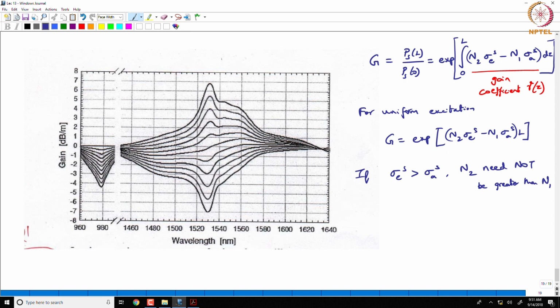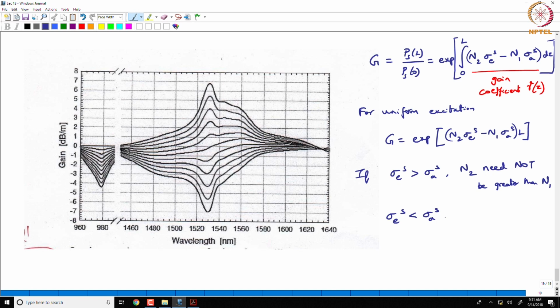Okay. So, conversely, I can also say that sigma Es, if it is less than sigma As, right, if the emission cross section is less than sigma As, that does not mean that you cannot get gain. Normally you say, oh, absorption is higher than emission cross section, so you cannot get gain.